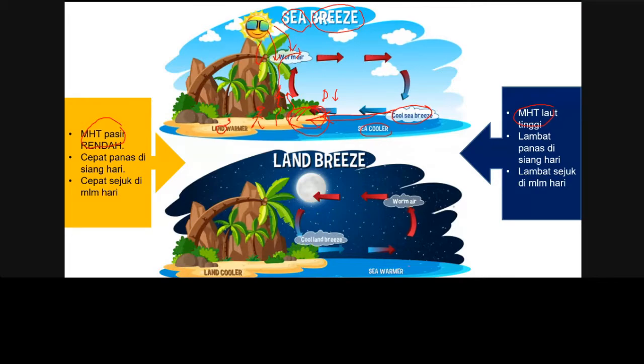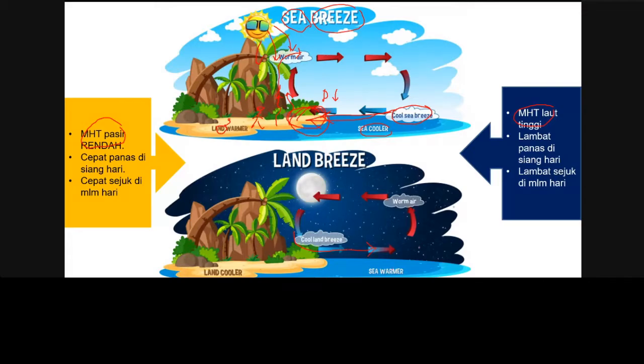Kalau kat swimming pool pun sama actually. Lebih kurang lah. So at night, sea is warmer. So when sea is warmer, land is cooler. So angin tadi dia akan berpusing. So sekarang ni bayu darat itu angin daripada land pula yang akan bergerak ke sea.